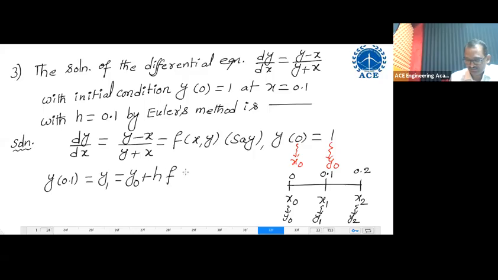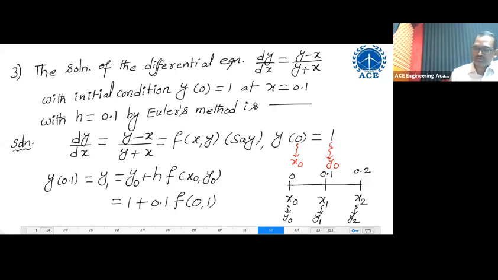y0 plus h into f of x0 comma y0. What is y0? 1. What is h value? 0.1. F of x0 0, y0 1.